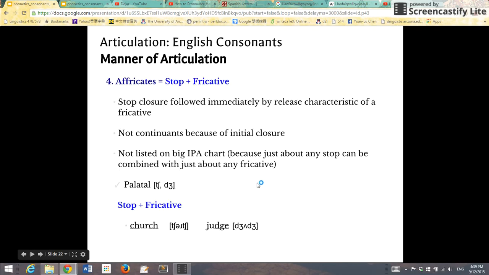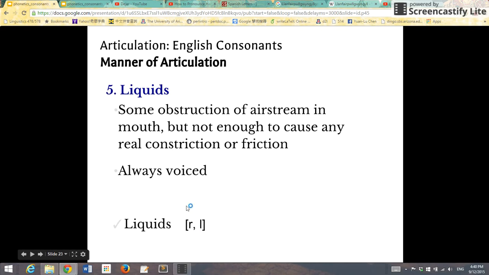Okay. The next manner of articulation is affricate. Affricate is kind of simple. You just combine two sounds: stop and then fricative. Okay. The final one, liquids.